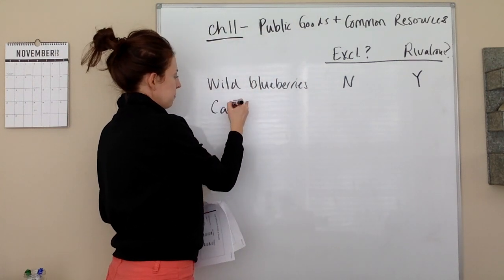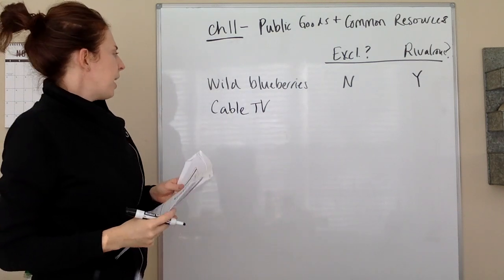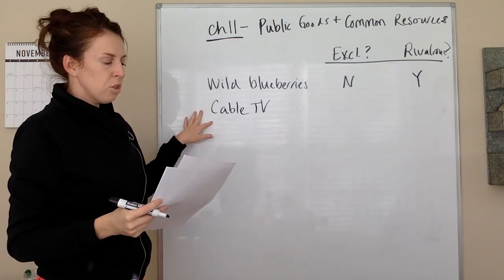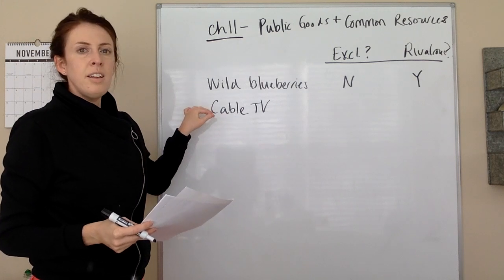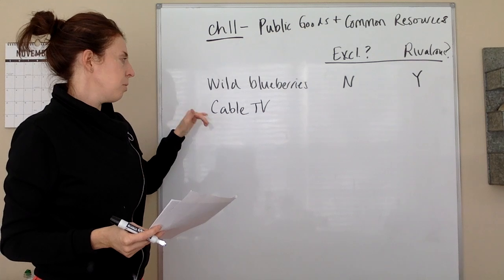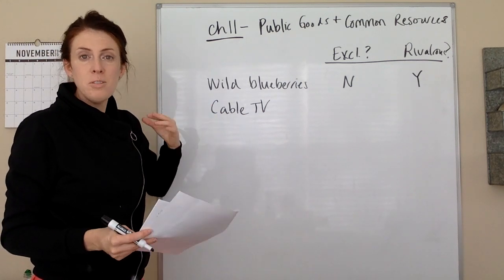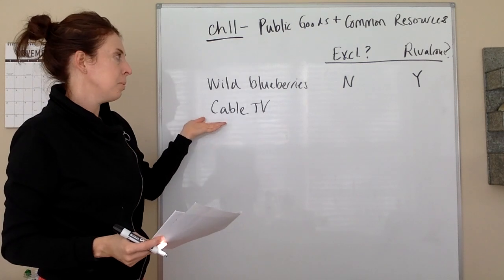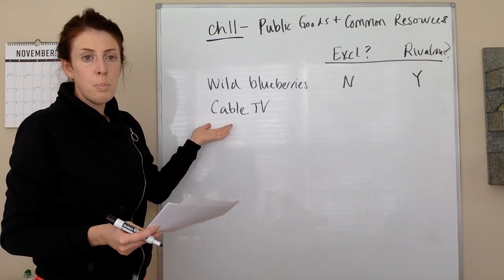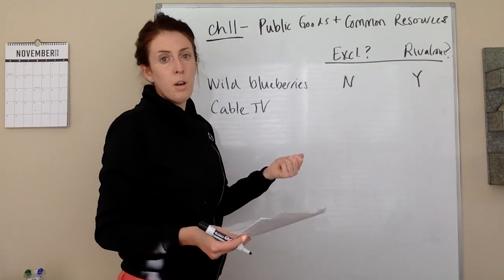Okay, another example. Cable TV. Is cable TV excludable? Yes. For most of my life, I did not have cable TV because I didn't pay for it. So I was excluded from getting the benefits of cable TV because I wasn't purchasing it, using something called a price.